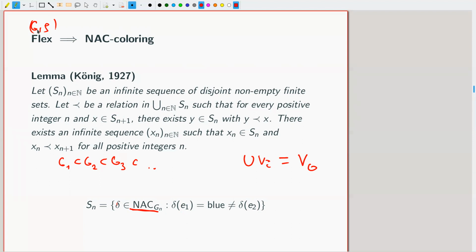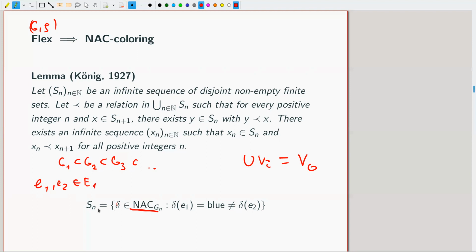So I pick two edges, E1 and E2, that are changing their angle during the flex. And I choose my tower so that these two edges are contained in every graph. It's enough to assume that they are edges of the first one.